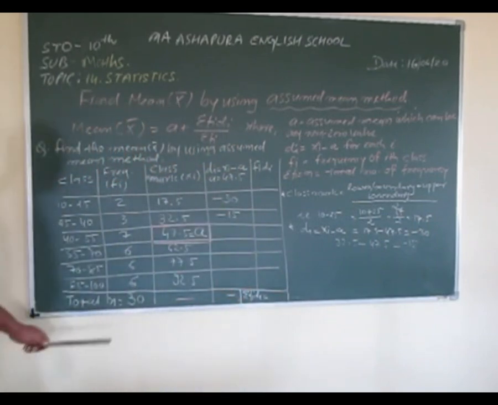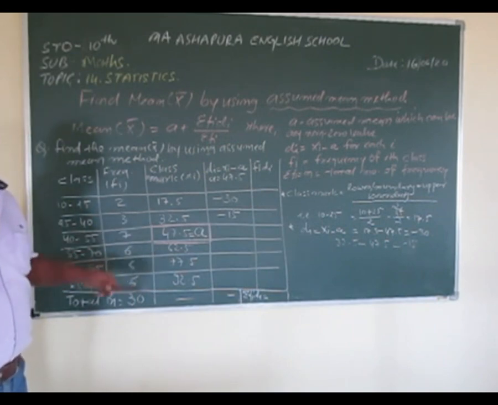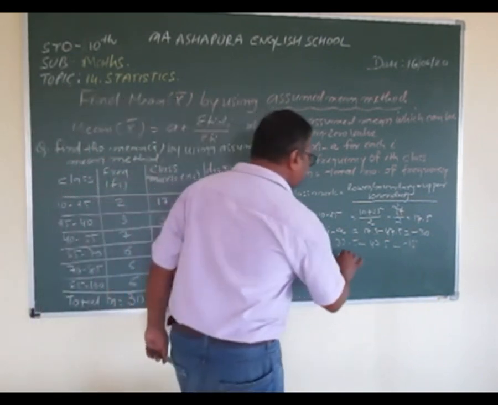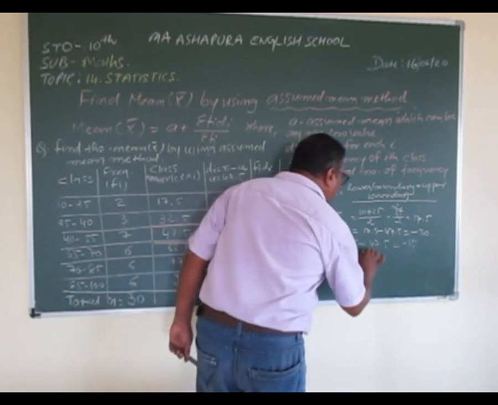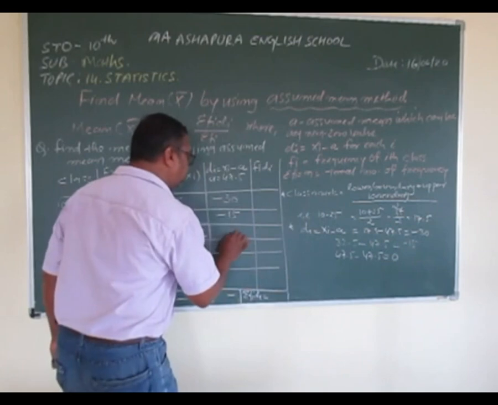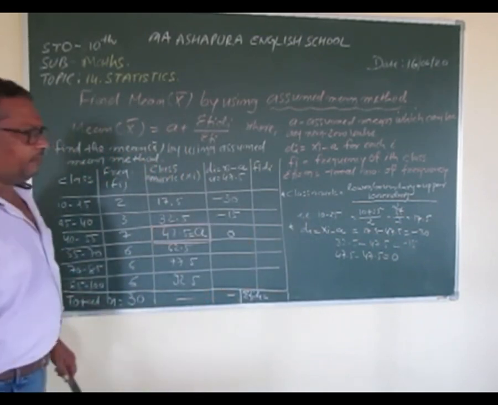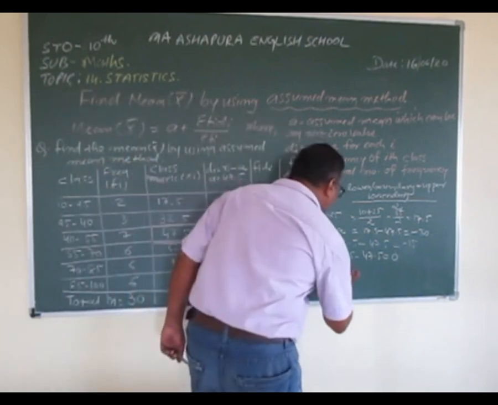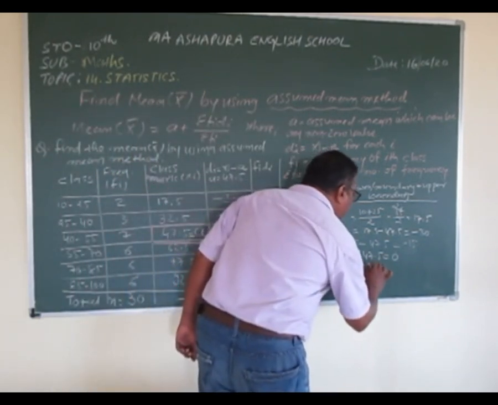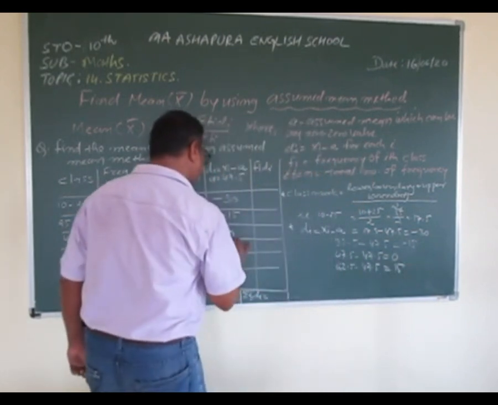Next one, our xi is equal to 47.5 and also assuming is the same, that means 47.5 minus 47.5 is equal to 0. Next one is 62.5 minus 47.5 and get 50.